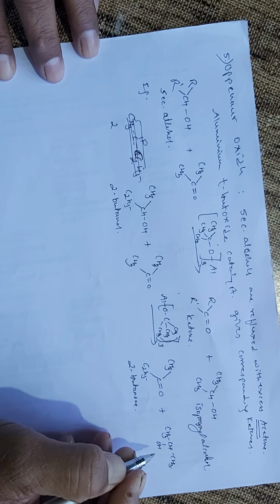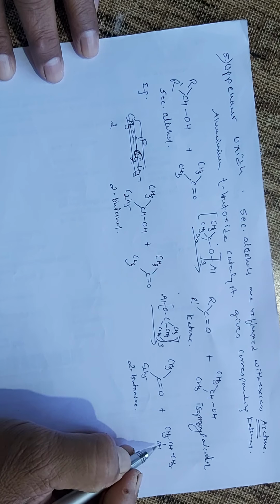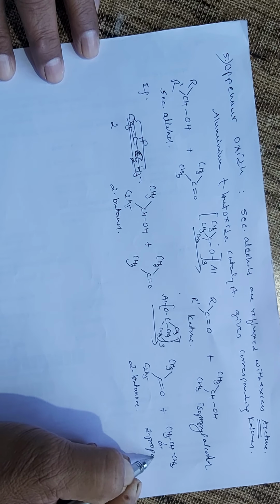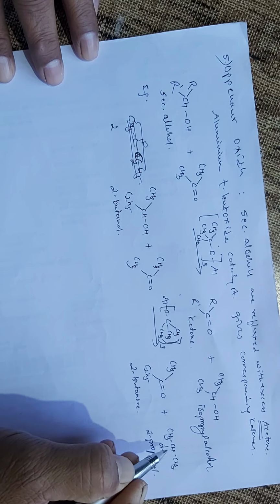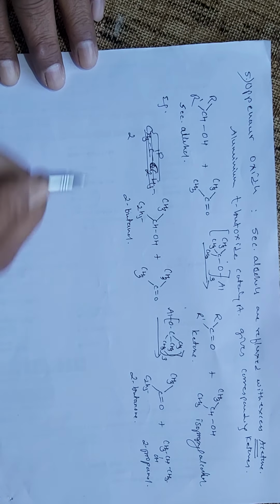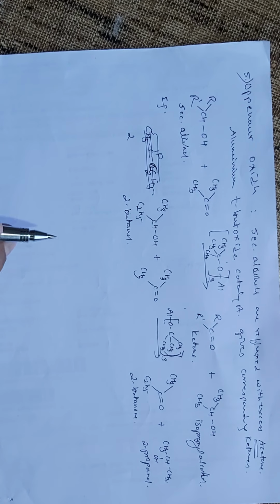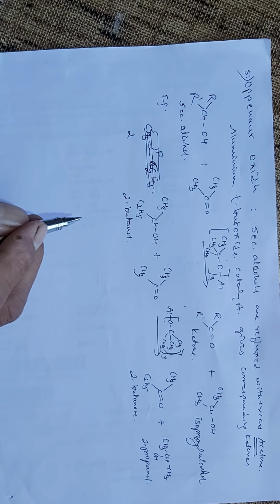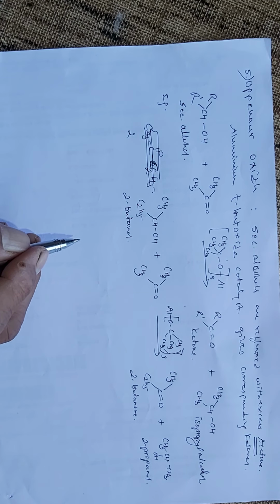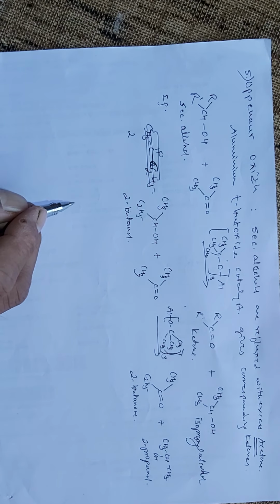That is 2-propanol, or isopropyl alcohol, which is one and the same. In this way, Oppenauer's oxidation is nothing but secondary alcohols refluxed with acetone in presence of aluminium tertiary butoxide as a catalyst, giving the corresponding ketones.